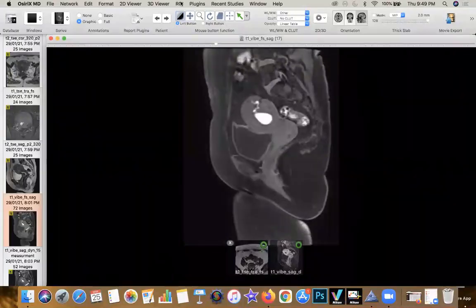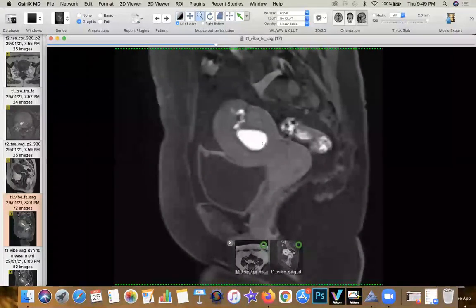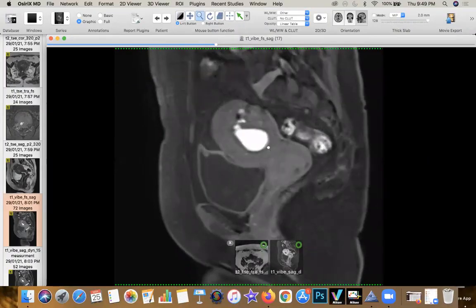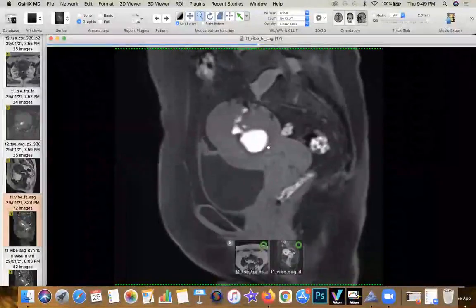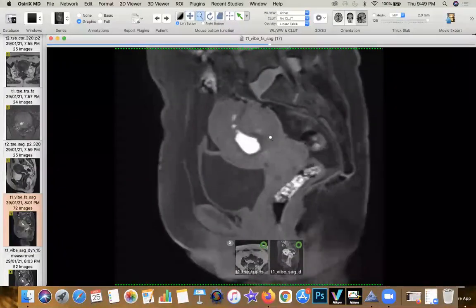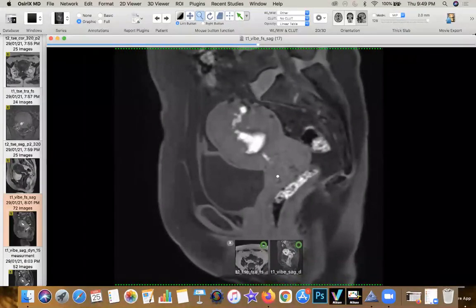So if you look very carefully on the T1 weighted 3D images, what was looking like a normal hypoenhancing endometrial cavity is not distended. The cavity is kind of compressed, and you can see that it's like a streak which is seen along the lower third, which is continuing with the endocervical cavity.